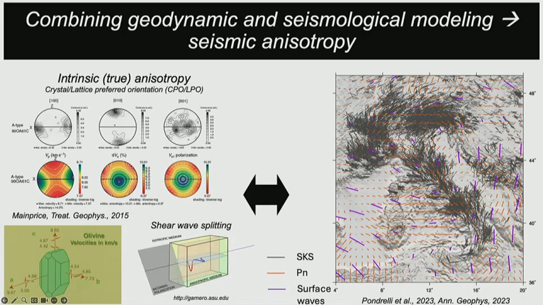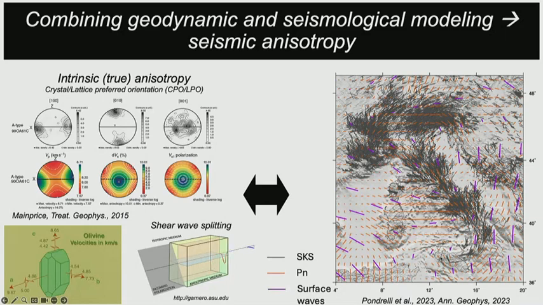These are waves that are refracted at the Moho and sample the top part of the mantle lithosphere. And then the purple bars here show the azimuthal orientation of the fast Rayleigh waves in this case.